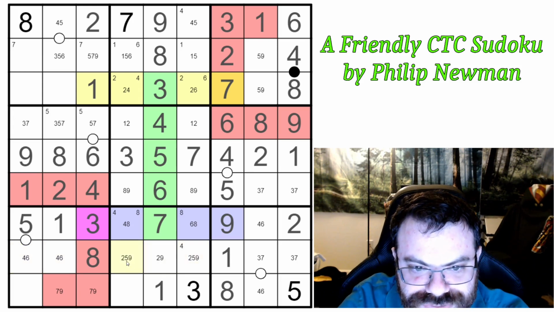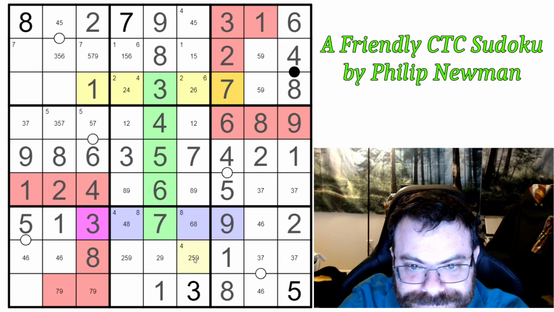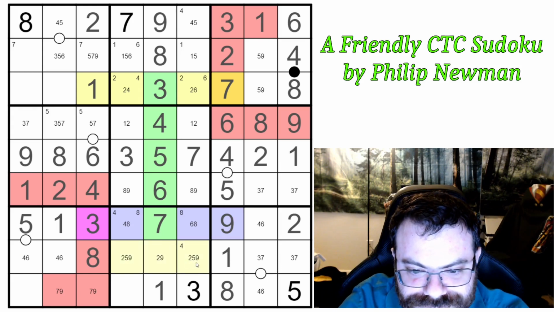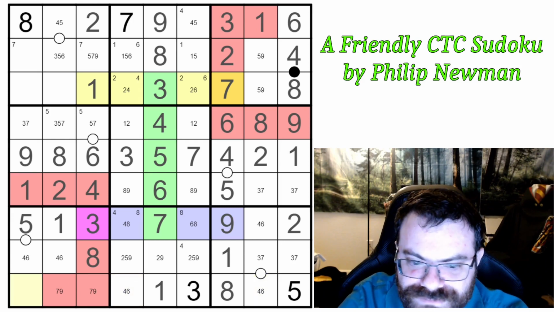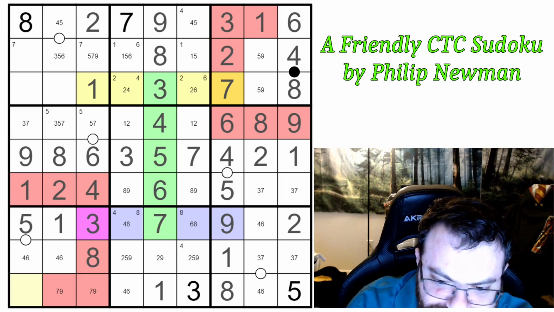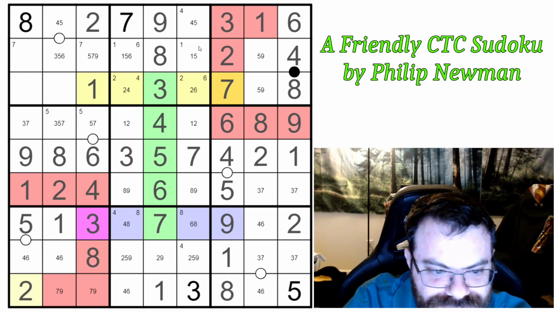That's a 2, 5, 9 triple. So this is a 4 or 6. That's a 4, 6 pair. So this should be fillable as a 2. That makes sense.